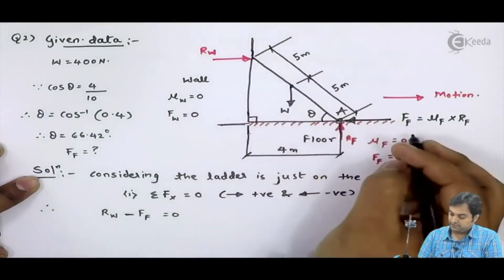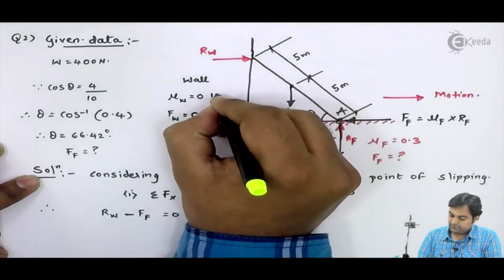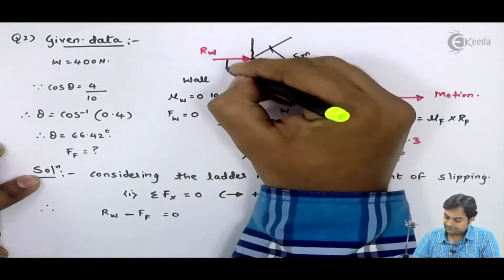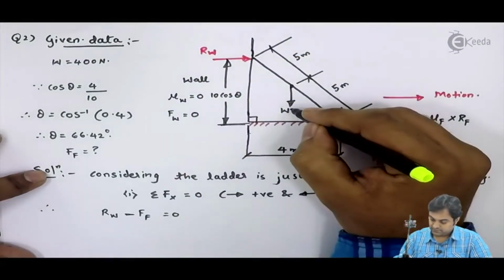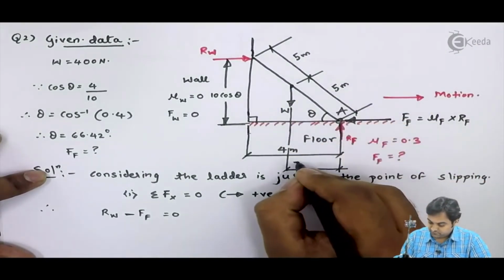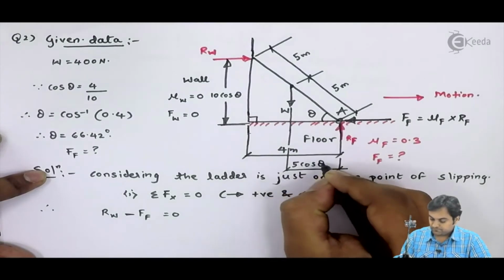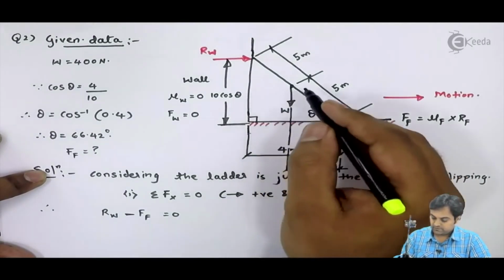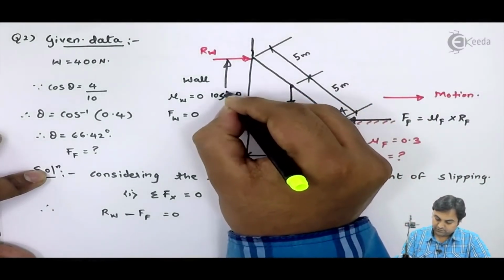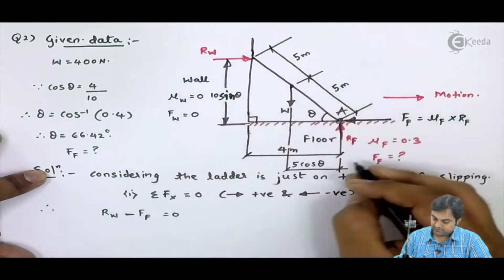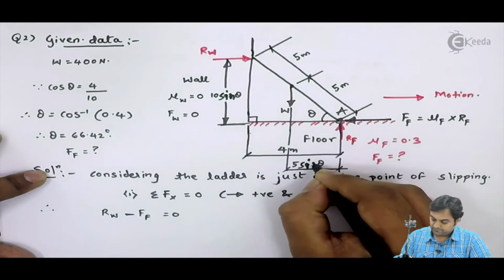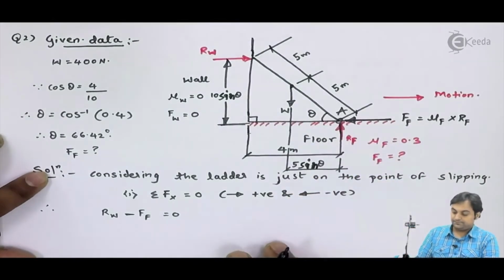This is the opposite side. Here this would be 10 cos theta, and this would be equal to 5 cos theta. Tan, it would be opposite, so it would be 10 sine, not 10 cos. It would be 10 sine of theta, and here also this would be 5 sine of theta. So just making a correction here.